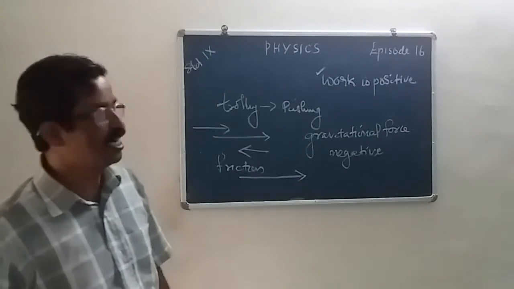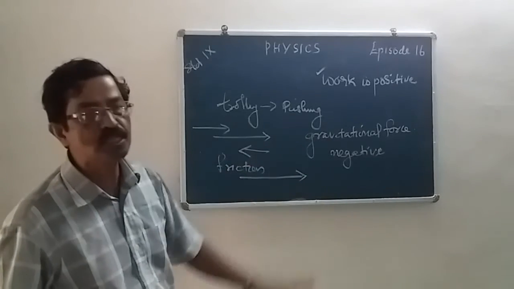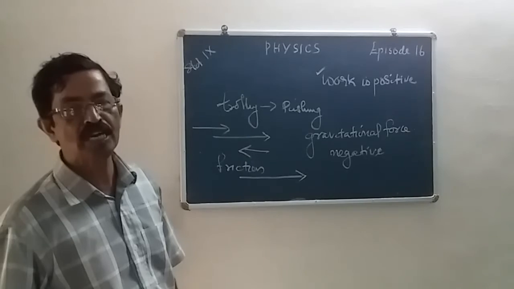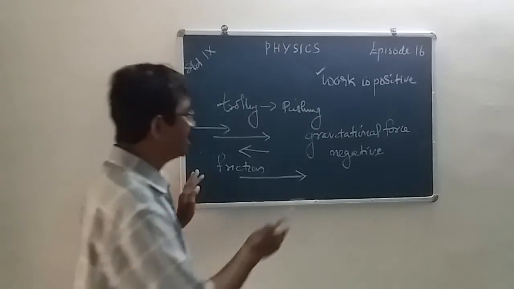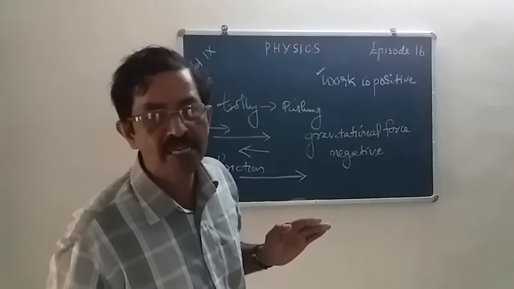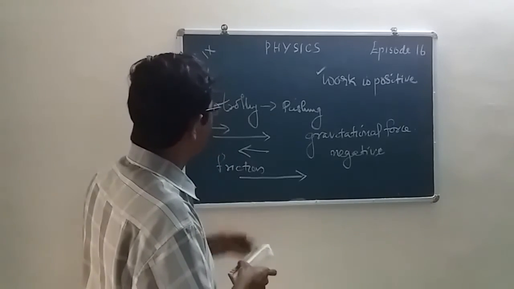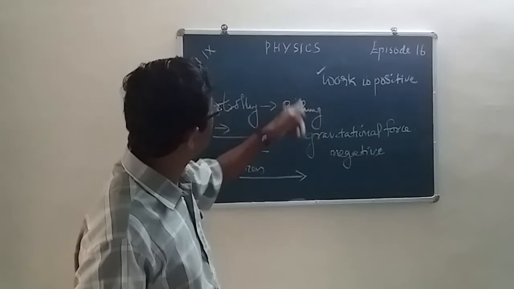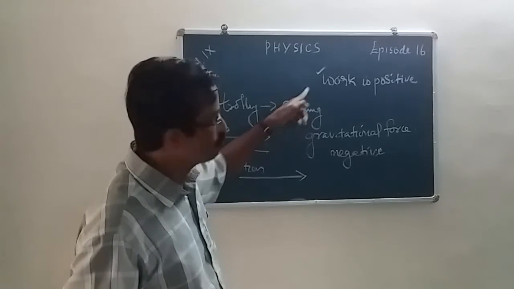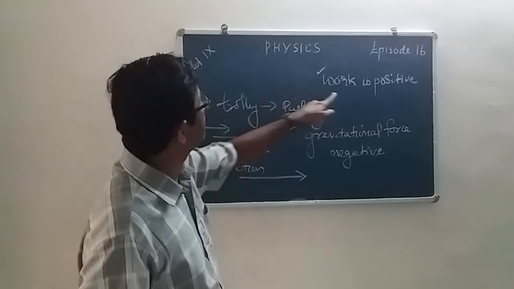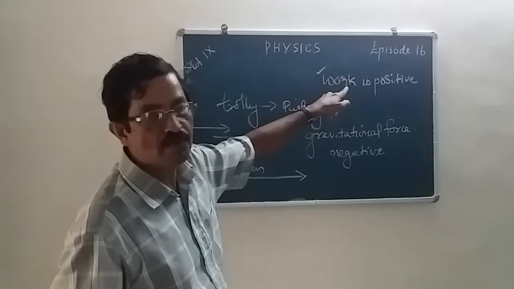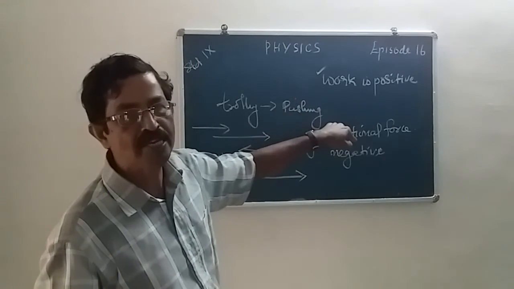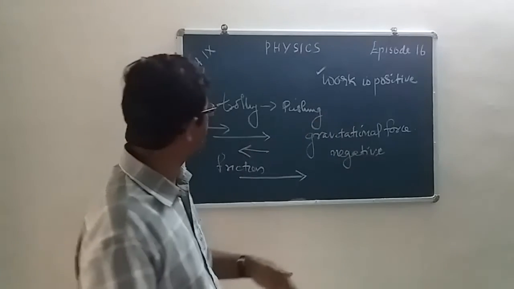So here the work done by the frictional force is negative. So work can be positive or negative, and you got how the force and displacement make work positive and how they make work negative.